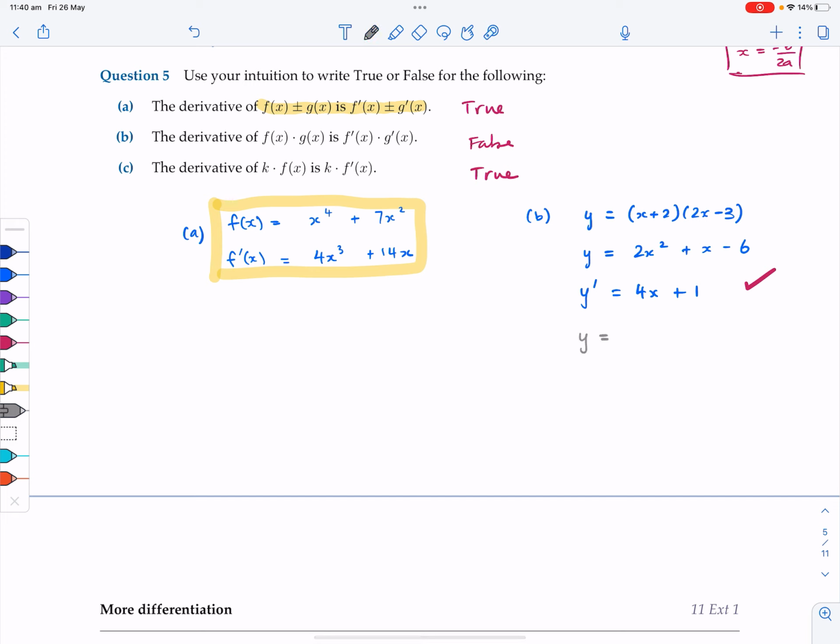If I did this, y equals x plus 2 times 2x minus 3, if I did this wrongly, then I would be differentiating that and getting 1, and then differentiating that and getting 2, and just that. And that clearly is wrong. So it shows that we can't differentiate the product of two functions by just getting the product of their derivatives. It's more complicated than that.